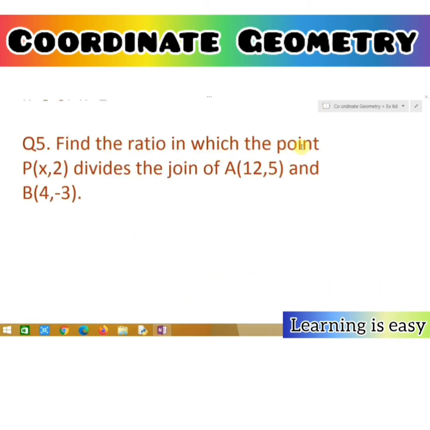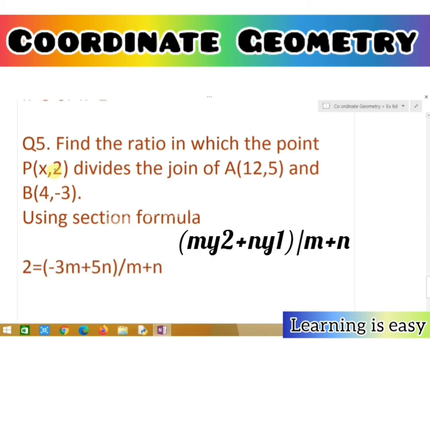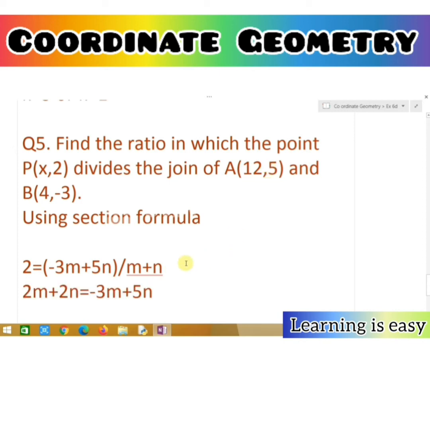Next, question 5. Find the ratio in which the point P divides the line joining A and B, the 2 points. So P cuts those points with what ratio we have to find. So using the section formula, we can find the x coordinate of point P. As the y coordinate we already know, we are just applying that formula for y.